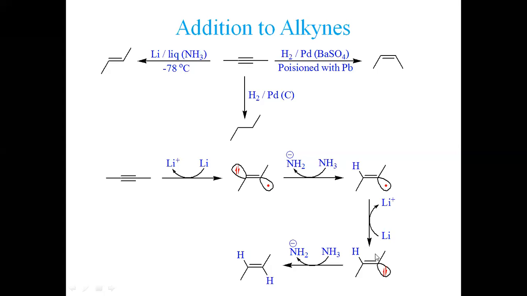This entity further undergoes a very similar action you have come across here. Ammonia shall provide a proton to this, and they shall be adding. Both hydrogens are added from ammonia, which we are using as a solvent. So both hydrogens are added opposite to each other, resulting in the formation of this trans olefin.